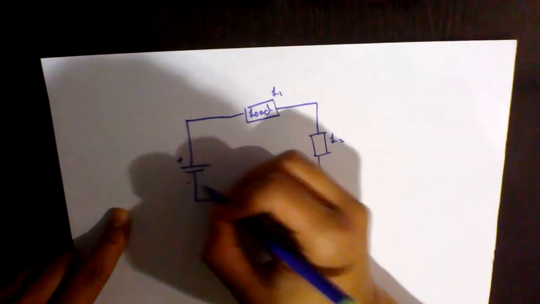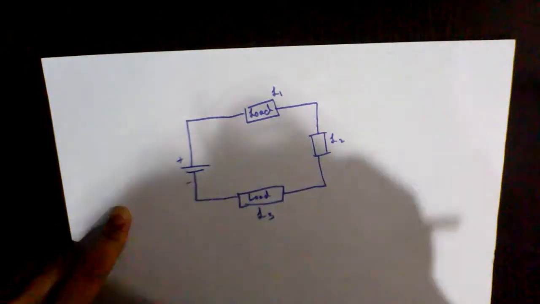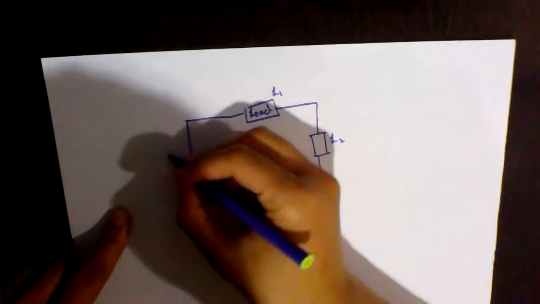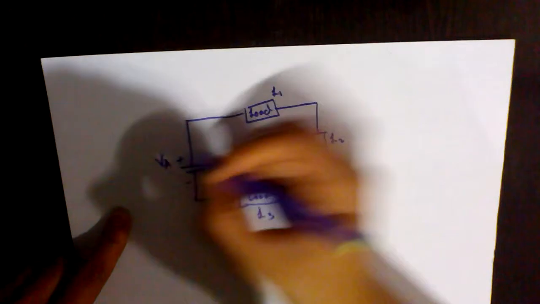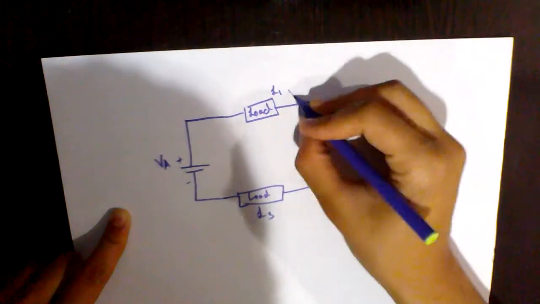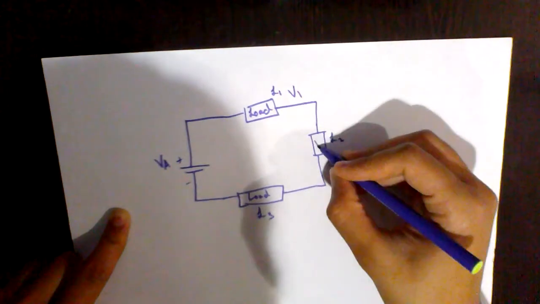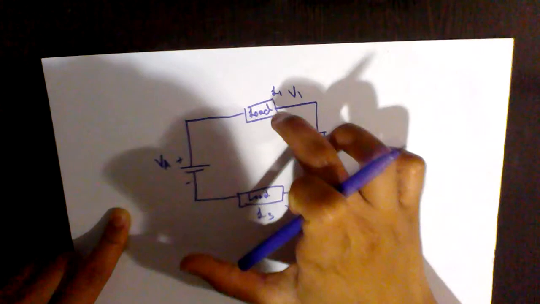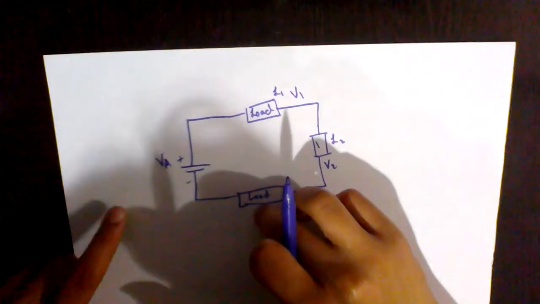This is plus and minus. So imagine that the battery gives a voltage of VA, and the voltages across the load resistances are V1, V2, V3, which are in loads L1, L2, L3 respectively.